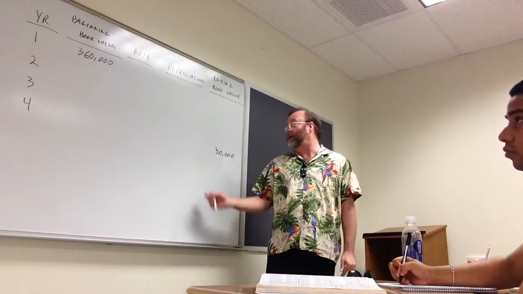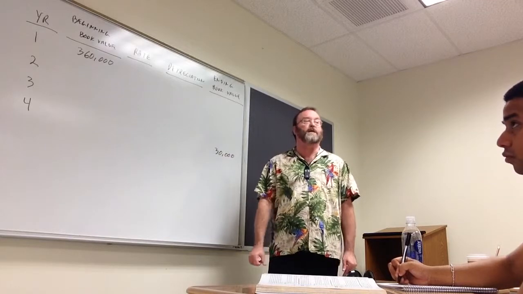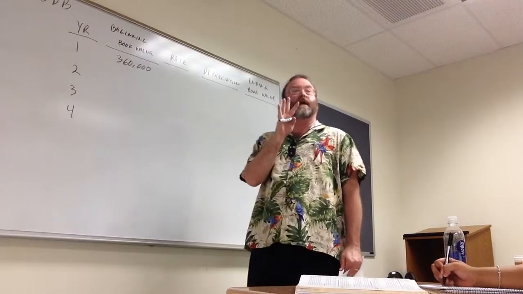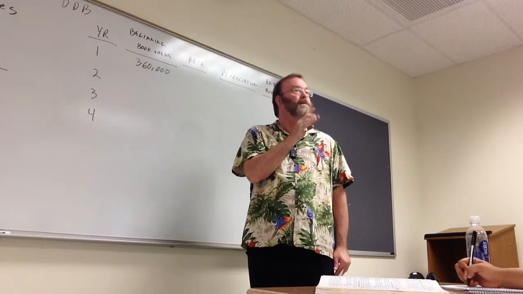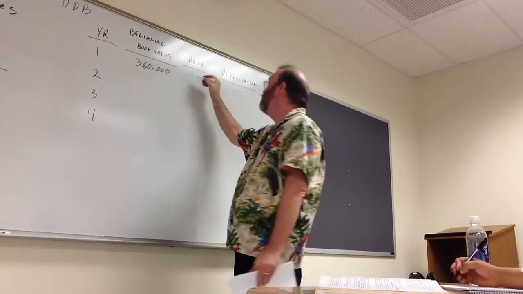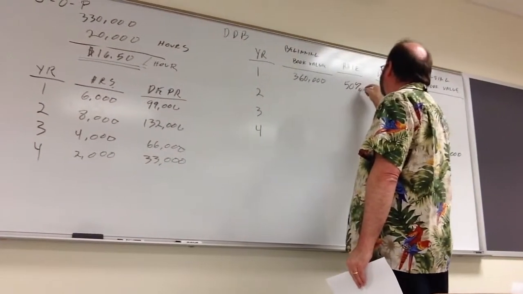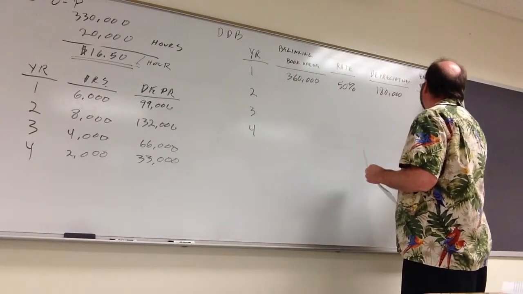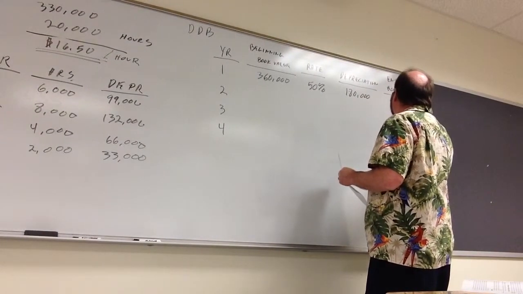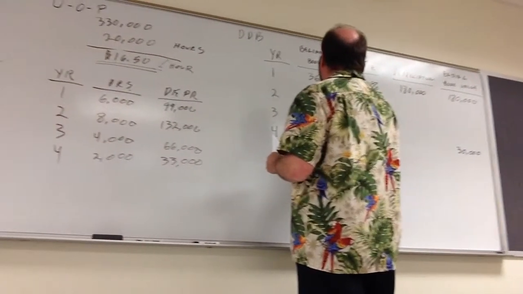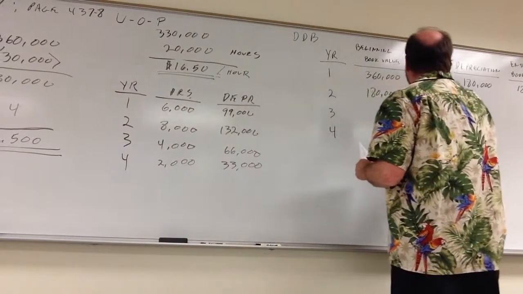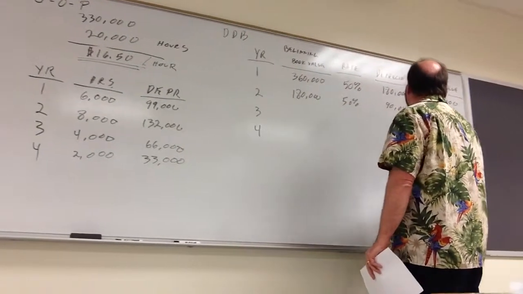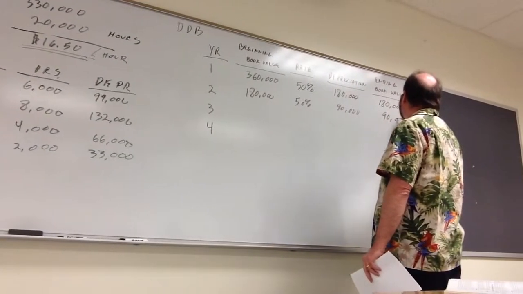At the end of 4 years, it's going to be worth $30,000. 4-year property, what's the straight line rate? 25. 50 is double. 180 for 180. 50% is 90, leaving you 90.